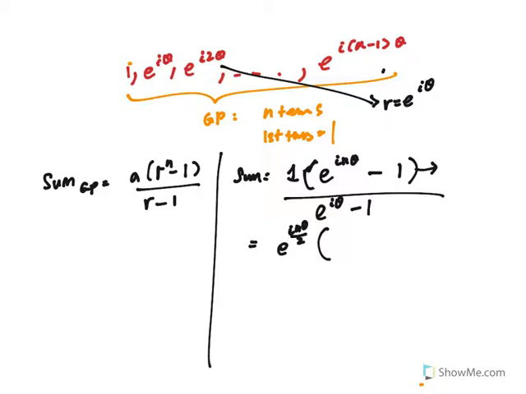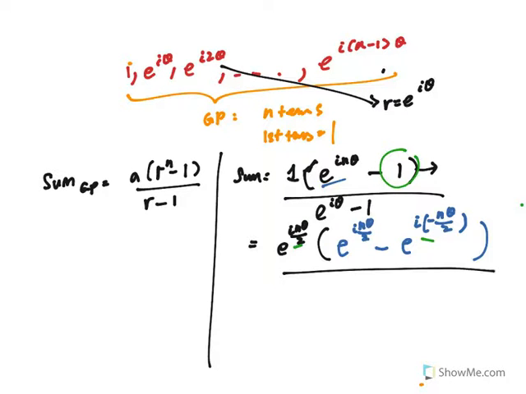After I take out, I factorize and I'm left with e to the power i n theta over 2 for this one. For the other one, I'm left with e to the power negative i n theta over 2, because we're talking about 1 here, so 1 is like negative times positive, the addition of negative and positive powers giving power 0.